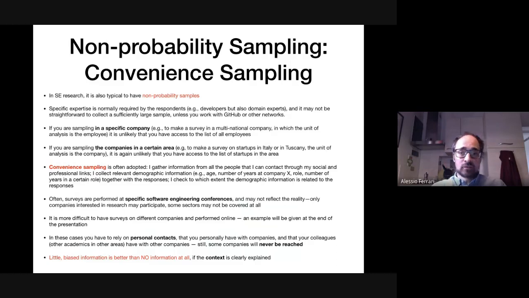The alternative to random sampling, or to probability sampling, that may be based on stratified probability sampling, as we mentioned, is non-probability sampling, that is called also convenience sampling. Okay, this is also typical in software engineering research. Why?